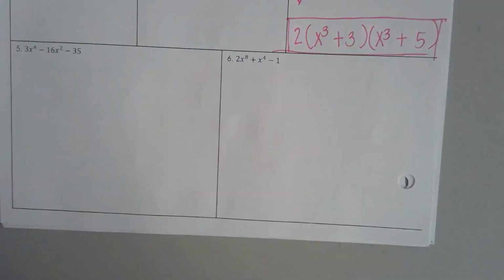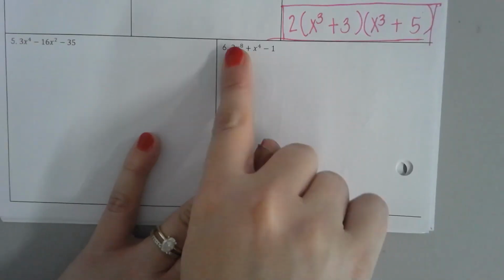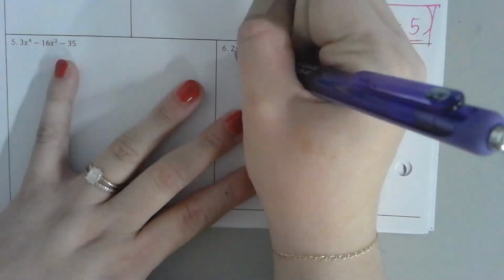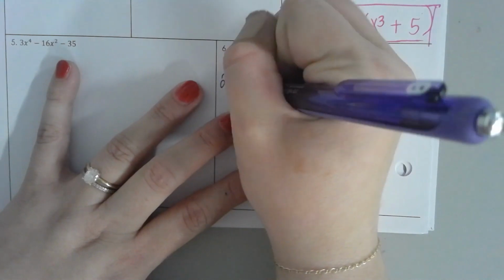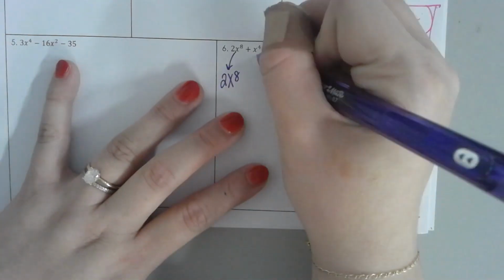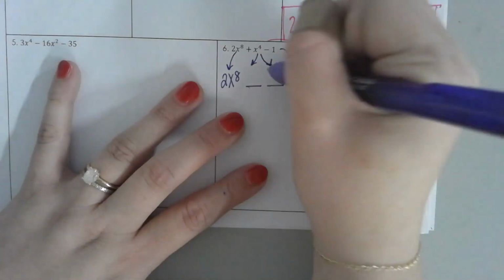Okay. Now I told you grouping requires 4 terms. This only has 3. So what we do is we bring down the first one. We bring down the last one. But the middle one we split up.